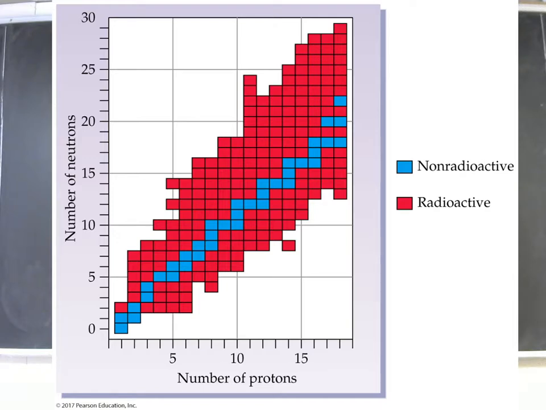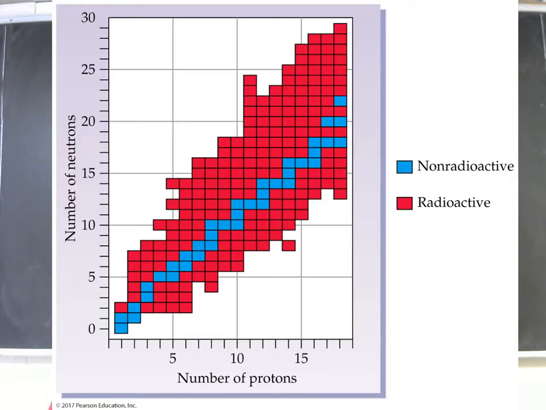So we're going to look at a couple of different types of decay processes today, and I just want to point out that some of those decay processes are going to increase the ratio of protons to neutrons. They'll correspond to shifting rightward on this chart. Those are the decay processes that will happen for isotopes that are above the blue line here. And this will make sense in a minute, but that would be beta decay, for example.